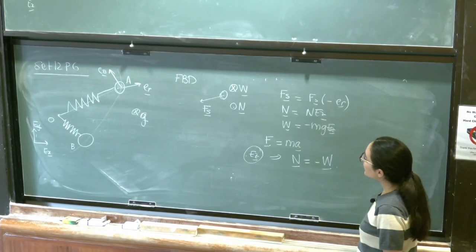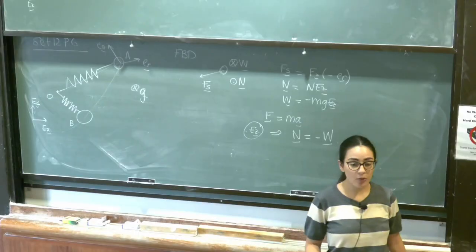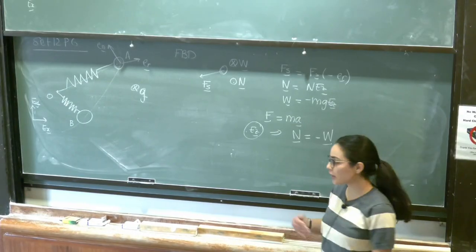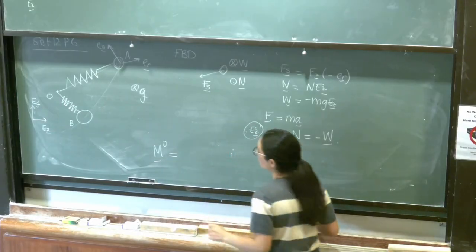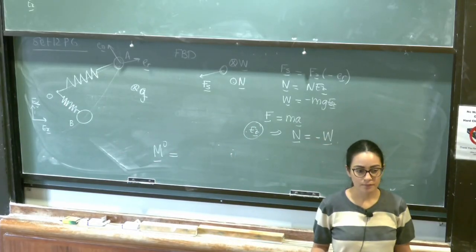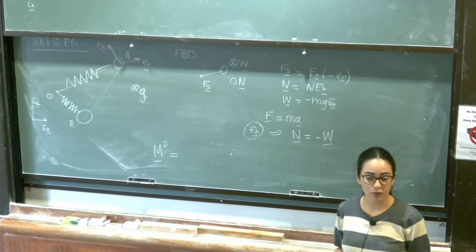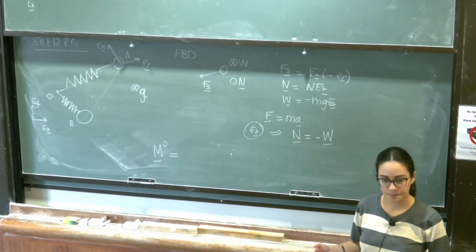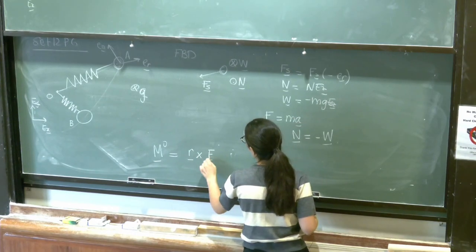So when I calculate the angular momentum of the particle, or when I calculate the moment of the forces acting on the particle about O, MO is equal to what? The moment of all the forces acting on the particle about O, that's equal to what? 0. Why? Because it's r crossed with all the forces, right?